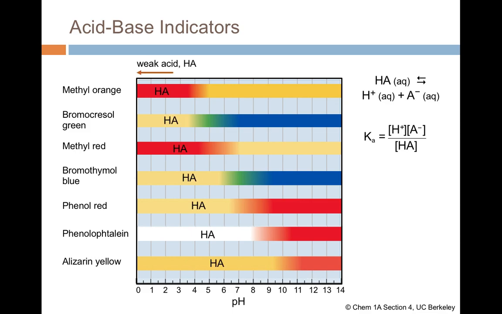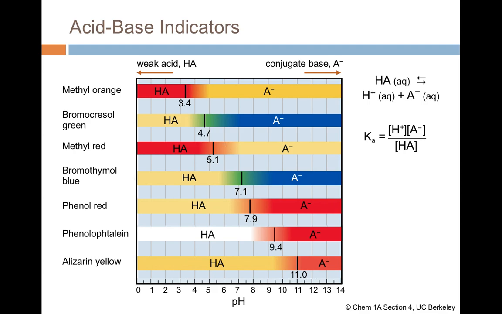So all of the substances shown here have the colors shown when they are in their weak acid HA form, and then they have a different color when they are present as their conjugate base. The pH at which the transition between these two colors occurs depends on the particular substance. So for example, methyl red changes from looking red to looking yellow at around a pH of 5.1.